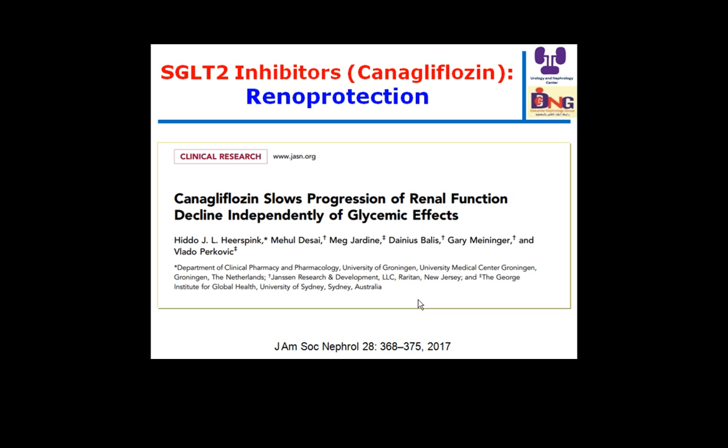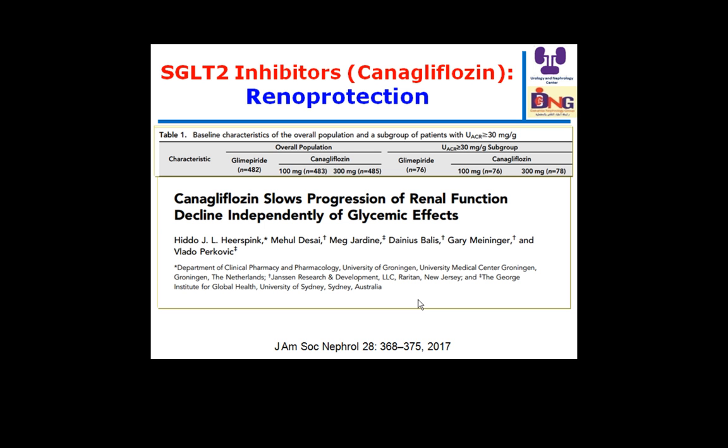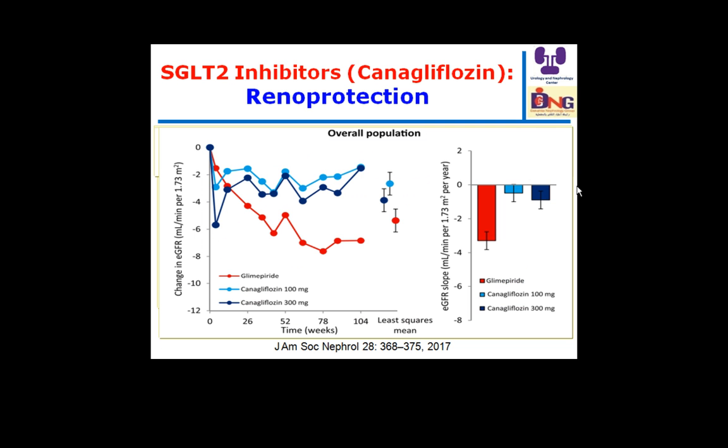And this is another study, although a small study, that included 483 in this arm and 485 in this arm for the overall population. But for patients with urinary albumin creatinine ratio exceeding 30 milligram per gram, the number of patients was 76 and 78, so the sample size is not big.